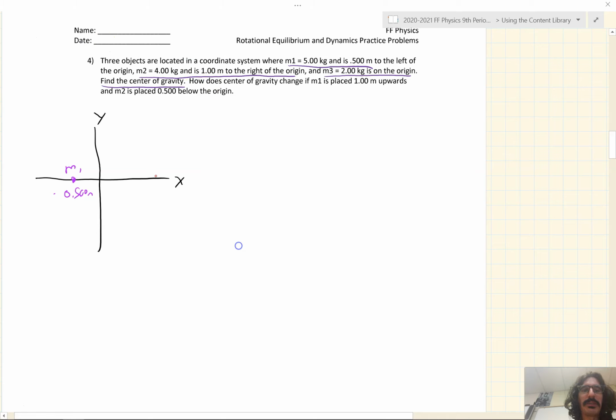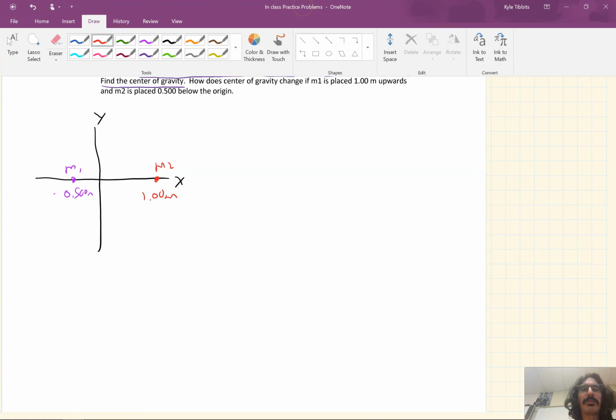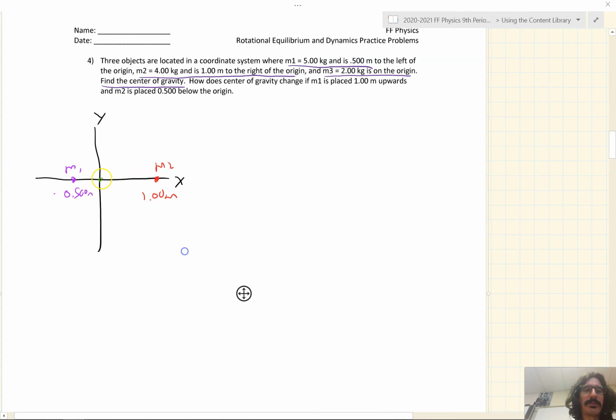M2 is 1 meter to the right. And M3 is on the origin. And what we want to do, let's call this letter A since there's 2 questions, is calculate the center of mass of these 3 objects.